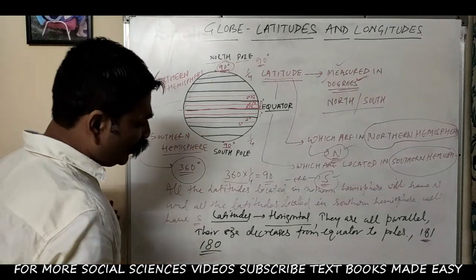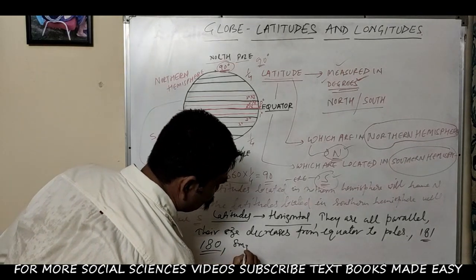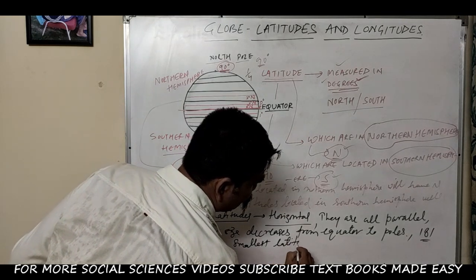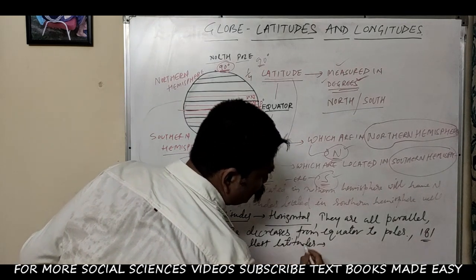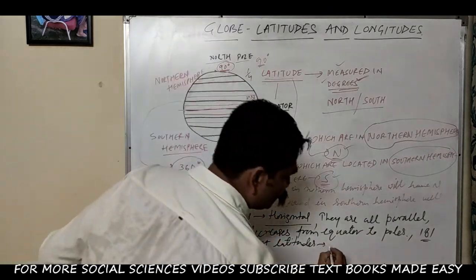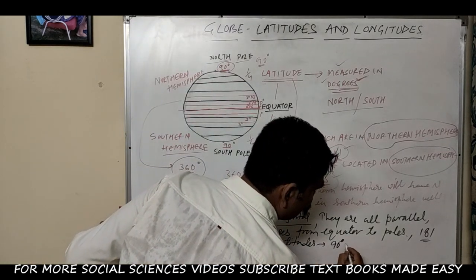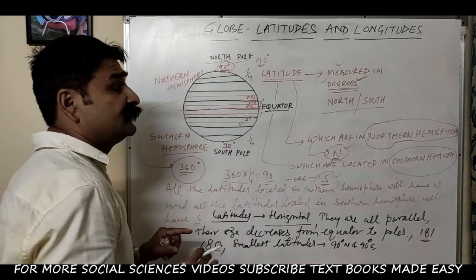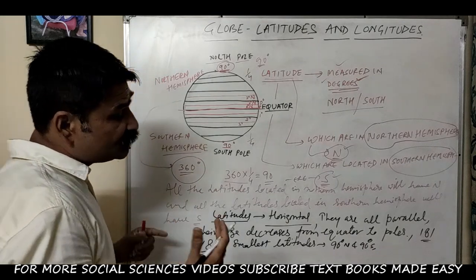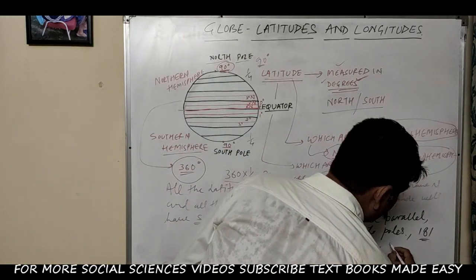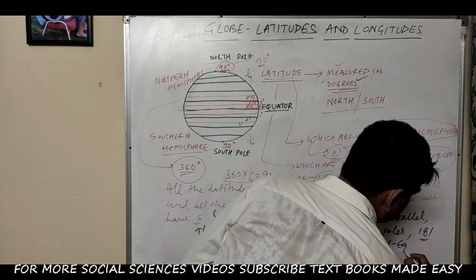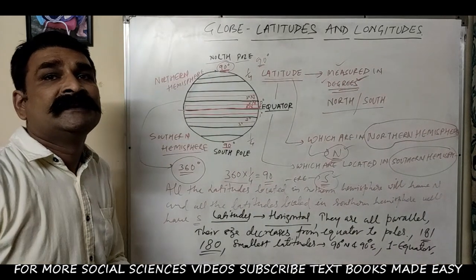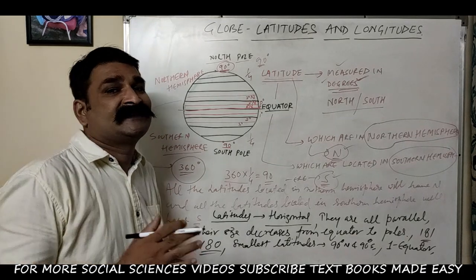Fine. Smallest latitudes, there are two smallest latitudes, 90 degree N and 90 degree S, and the largest latitude is only one, and that is the equator.